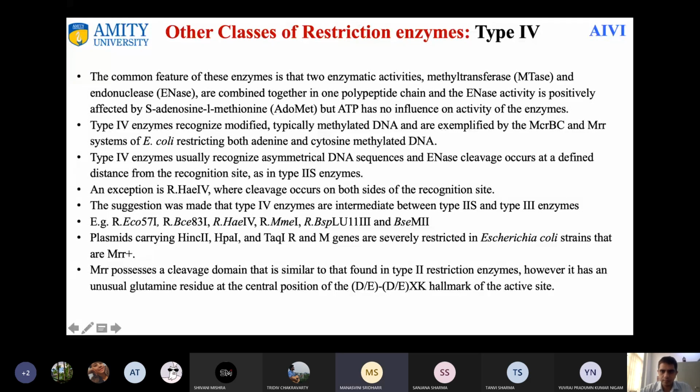Sir, would it be fine if you repeat type 2 enzymes? I won't repeat again, just tell me the specific issue that you are having. Sir, you said they cut within the recognition site or slightly away, right?